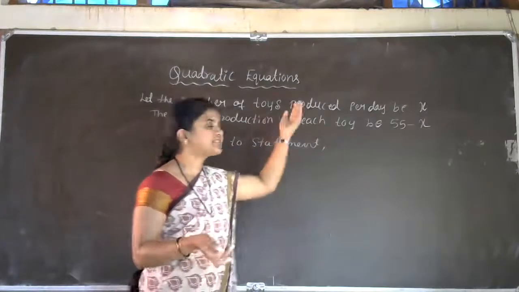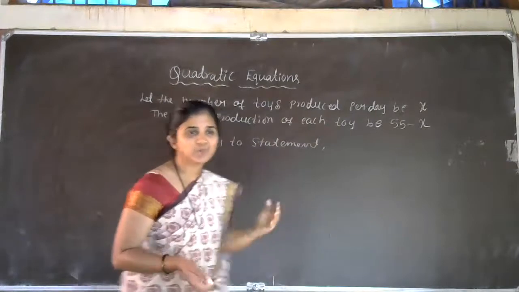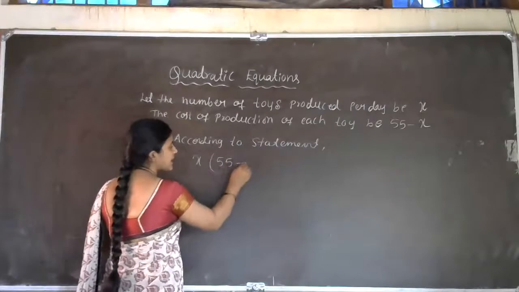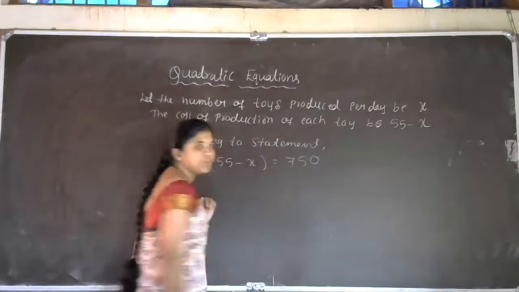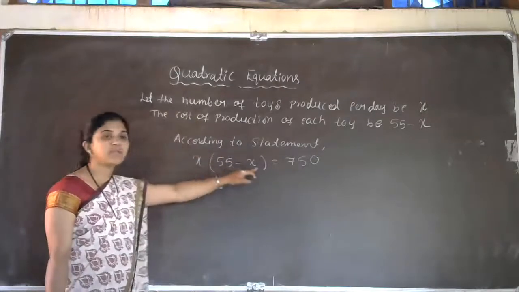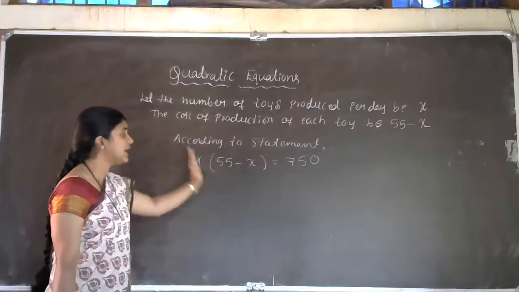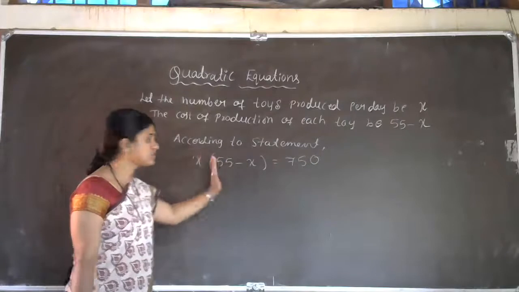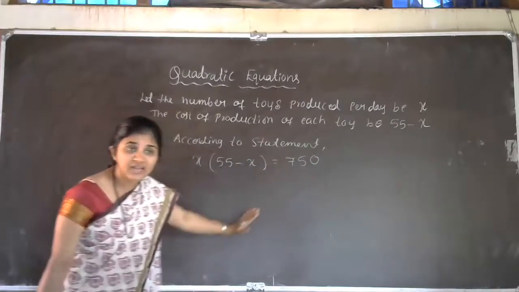Then x into 55 minus x is equal to rupees 750. Got the idea of this one? x into 55 minus x: the total number of toys produced per day into the cost of one toy gives the total amount, that is rupees 750. Got the idea, students?